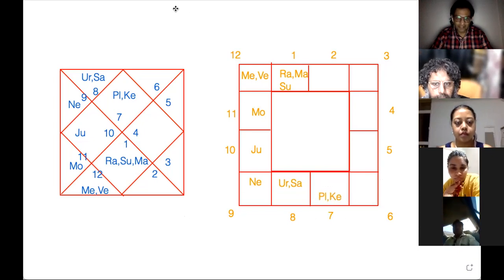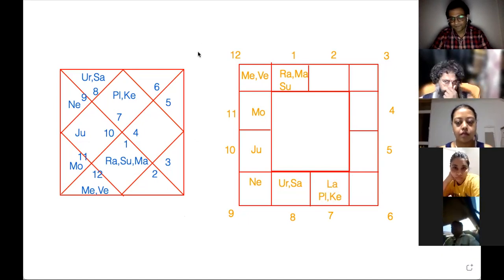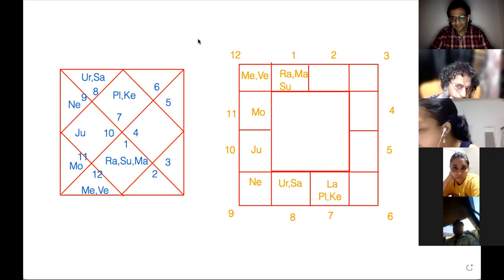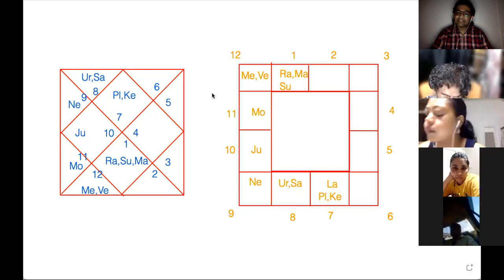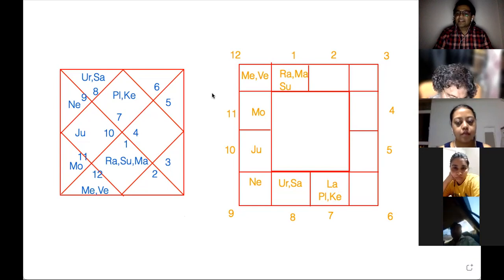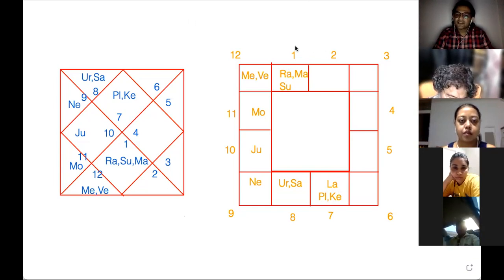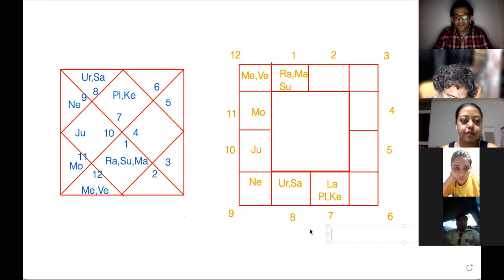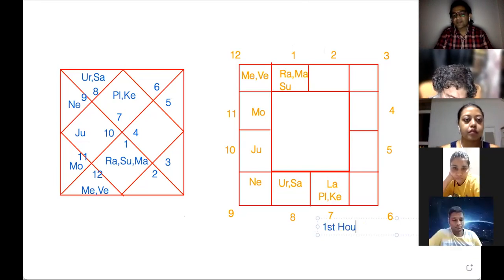In this kind of charting style, Lagna will always be mentioned. Now, that Rashi which has Lagna in it becomes the first house.